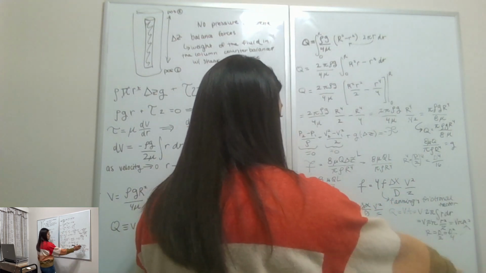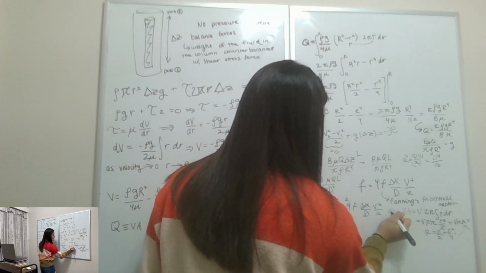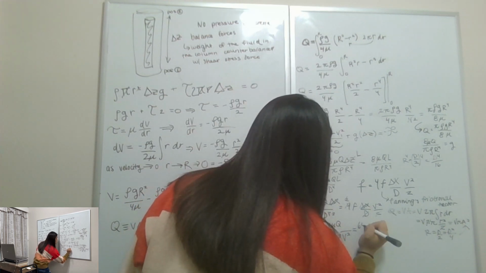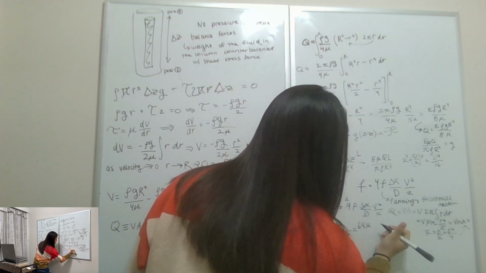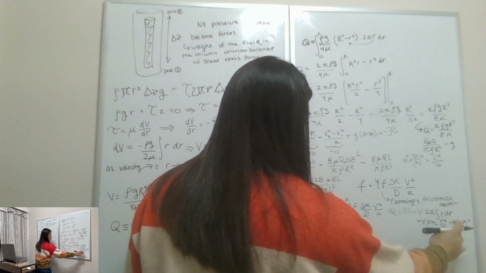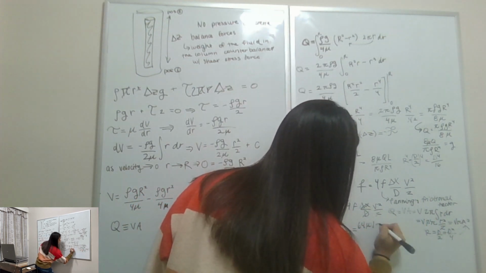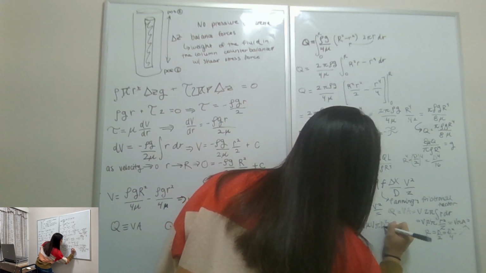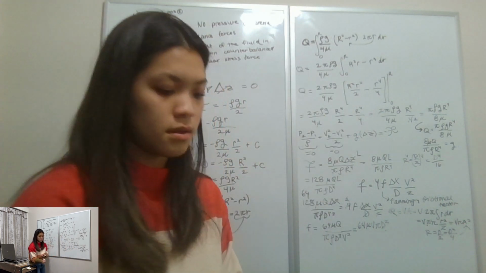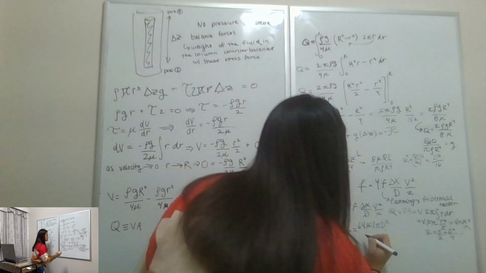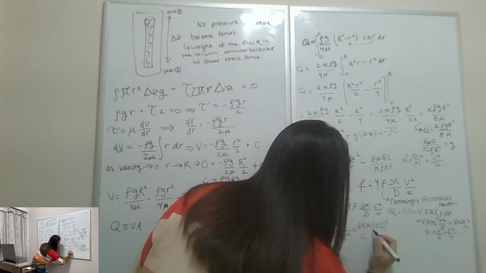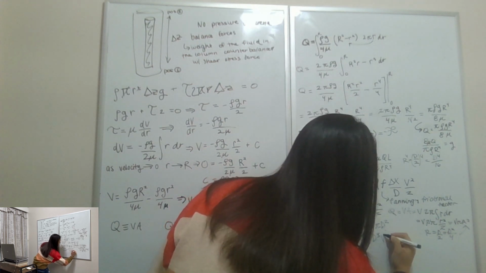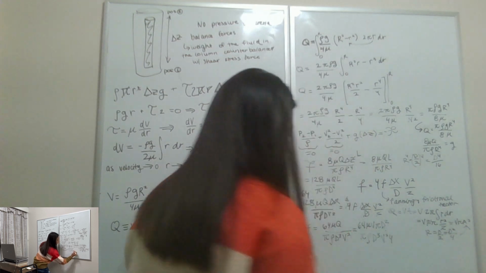And so plugging that flow rate in for this flow rate, that's going to give us 64 times the viscosity times the flow rate here, which is velocity times pi times the diameter squared divided by pi times the density times the diameter cubed times the velocity squared times 4.